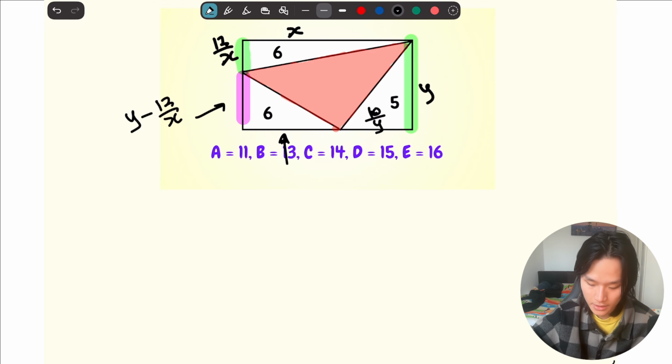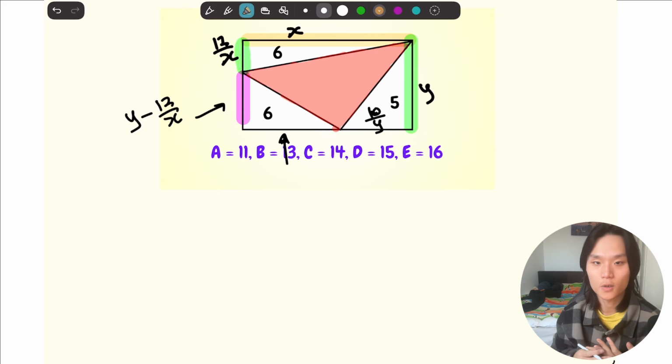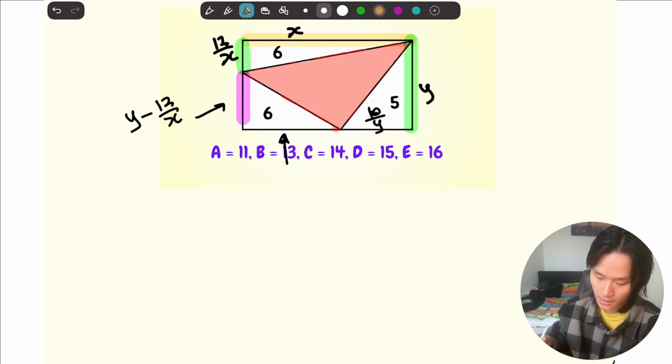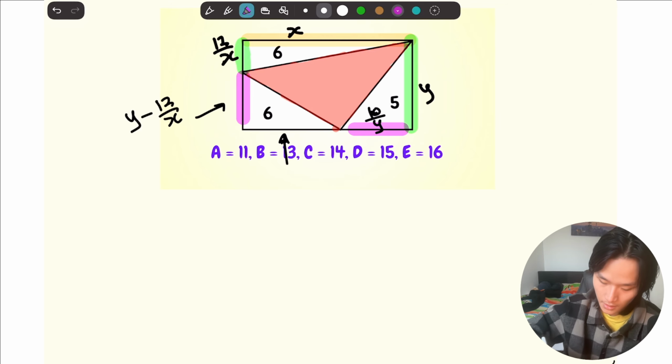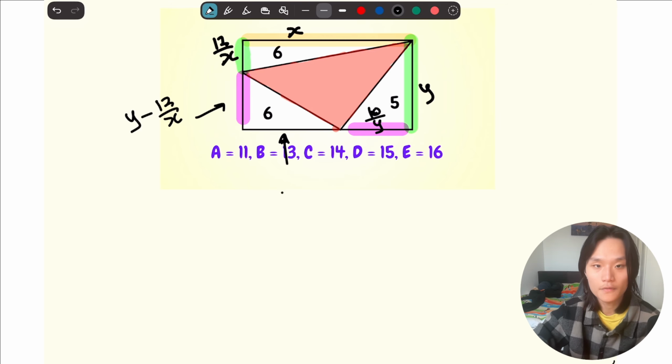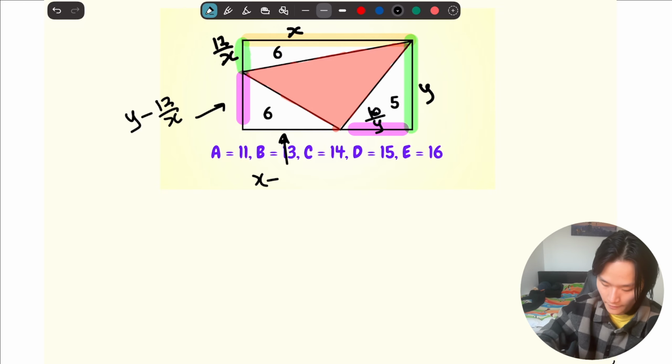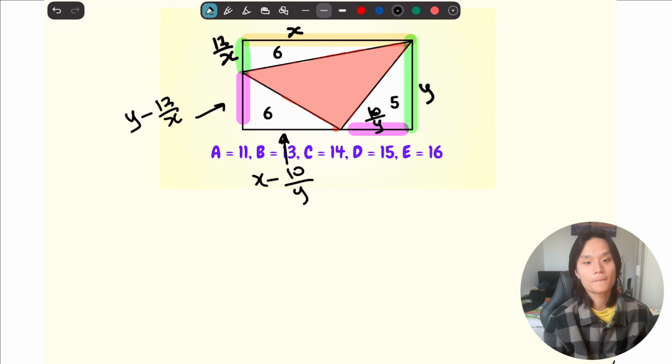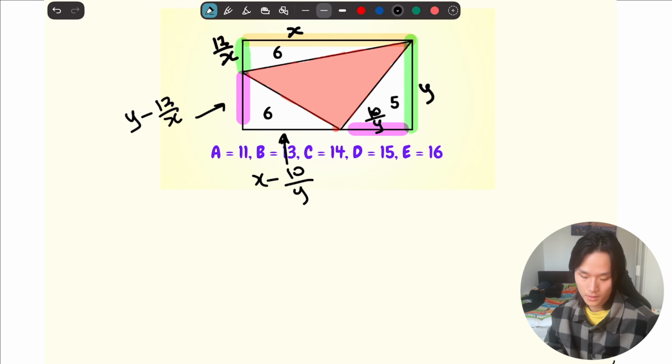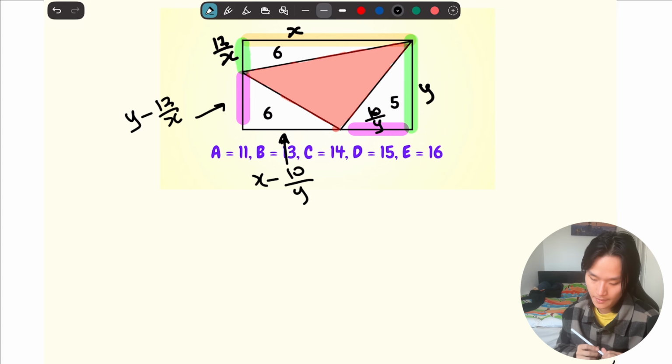And in a similar fashion, we know the top is x, so the base of the rectangle is x. So that means we also know this. This part has length x minus 10 divided by y.